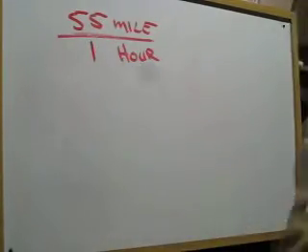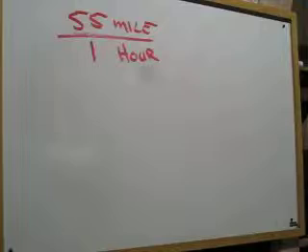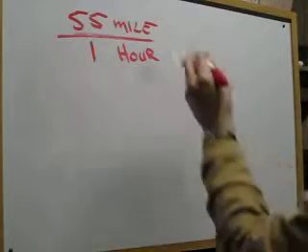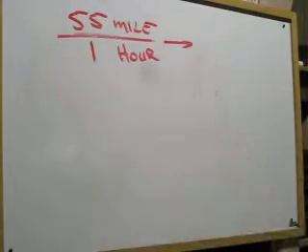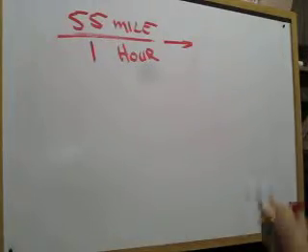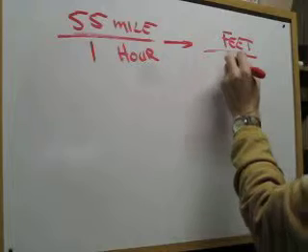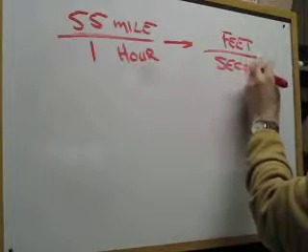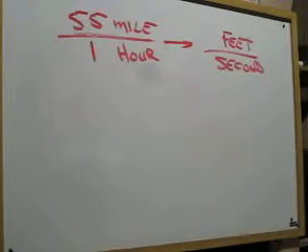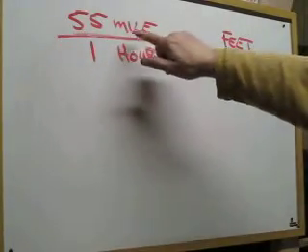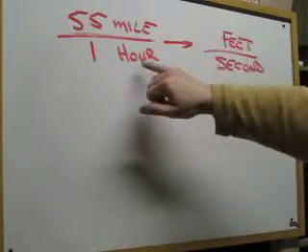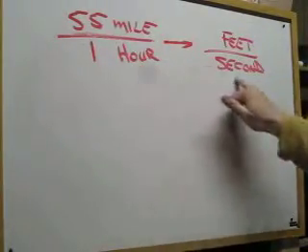So every hour you're going to go 55 miles. What they want us to do is convert miles per hour to feet per second. So that's what we're doing. So we're not only translating the miles to feet, but we're also translating the hours into seconds.